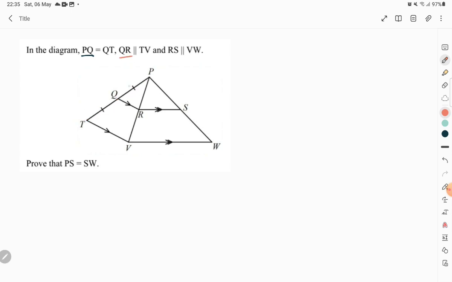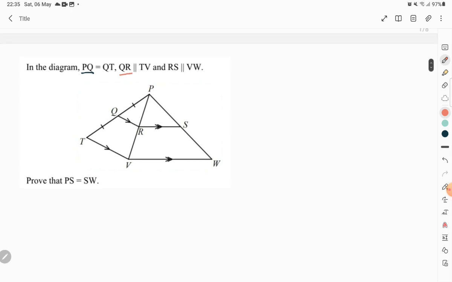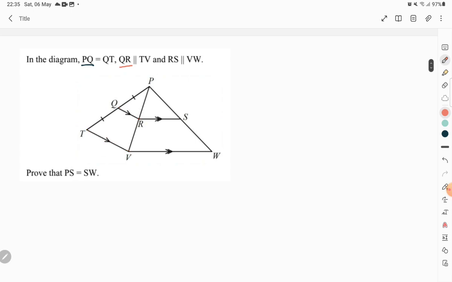And QR is also parallel to TV. So this is parallel. Then RS is parallel to VW, as you can see over there.